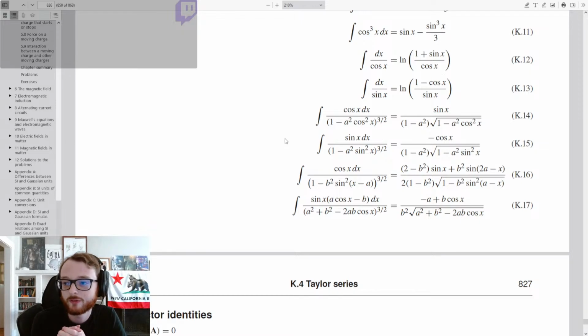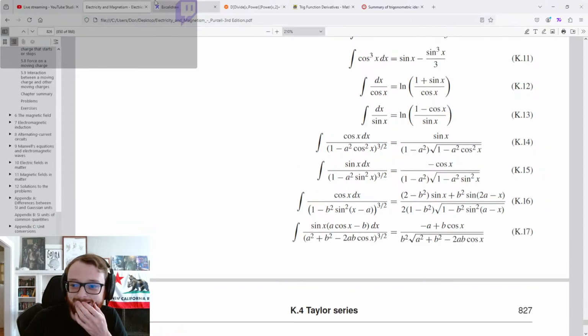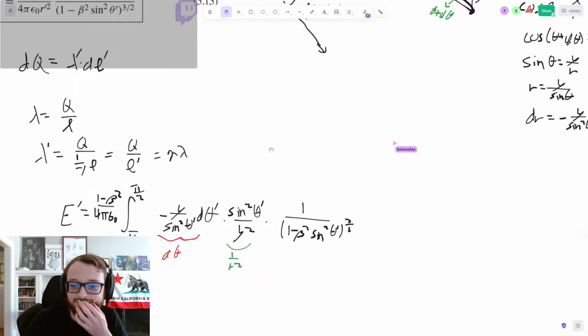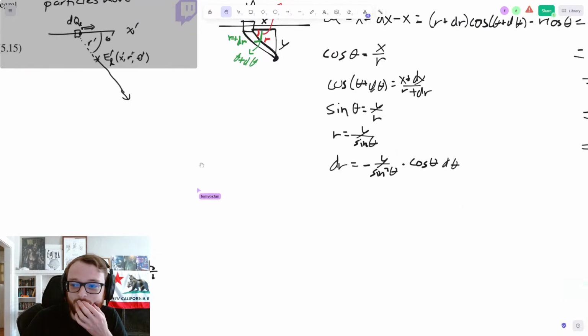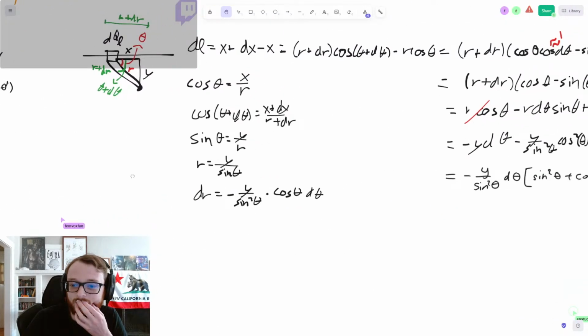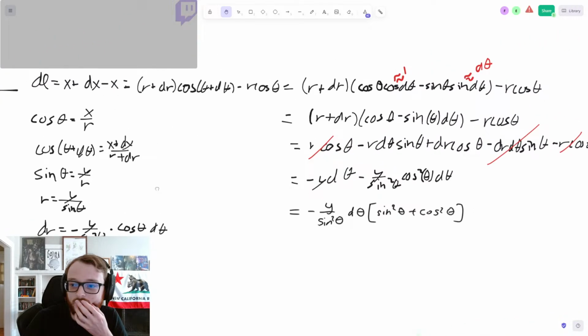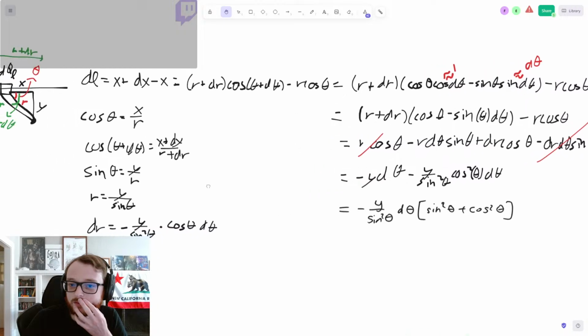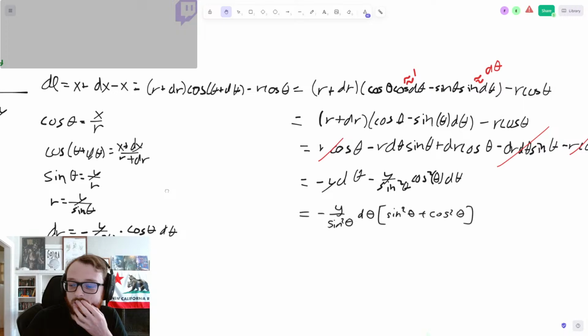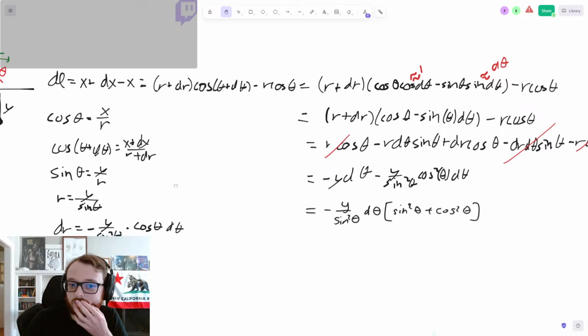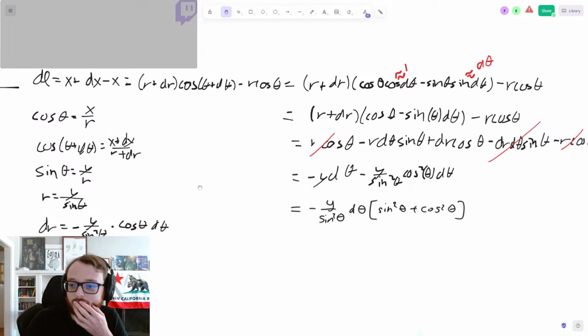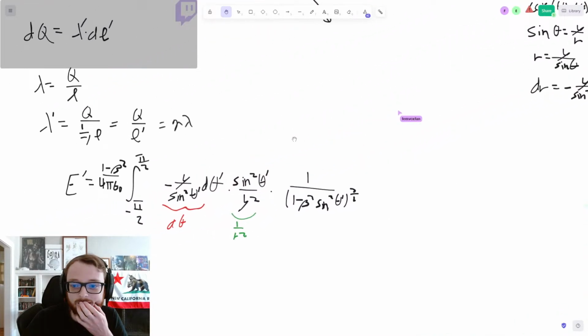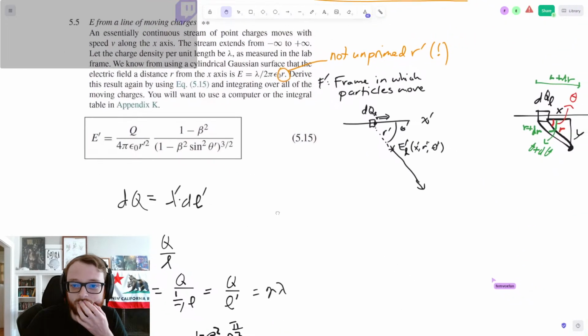The only one that gives there should be a sine x in the numerator if we use the one in appendix K. Right. Did I mess up a sub?